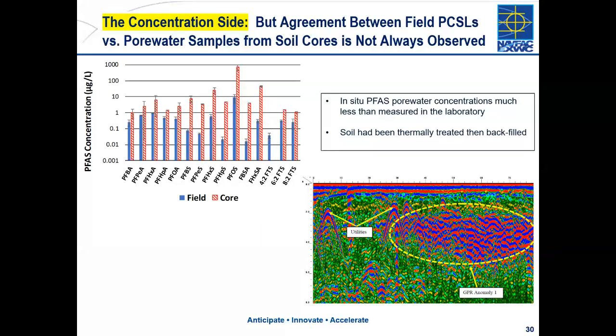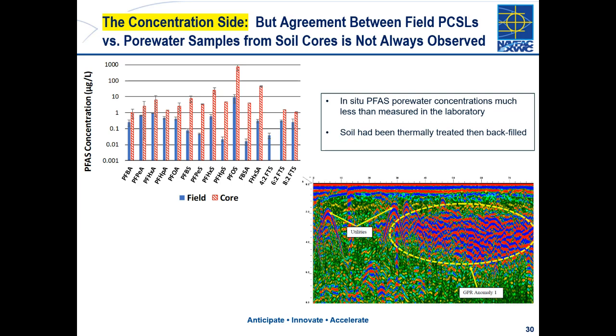Chuck, as you know, nothing ever works perfectly, right? So here's a case where we did that same test, and here's the same type of data, but now we're measuring concentrations that are 10 to 100 times higher in that micro lysimeter back in the lab. So we were really scratching our heads on this one. This site was a little bit unique in that the soil had been removed, excavated, thermally treated a couple of decades ago to deal with some hydrocarbons, and then put back in.